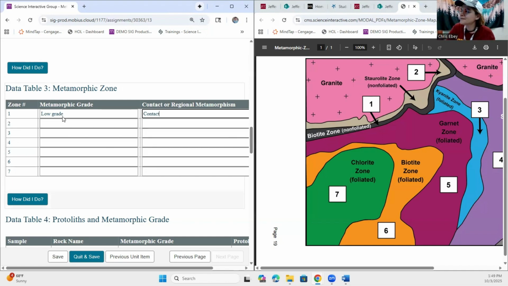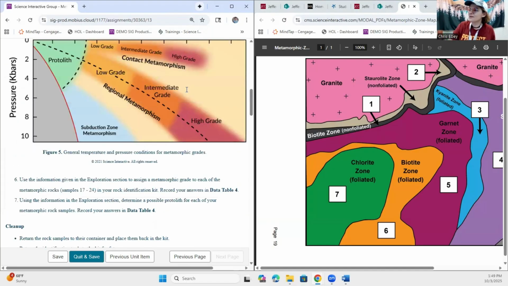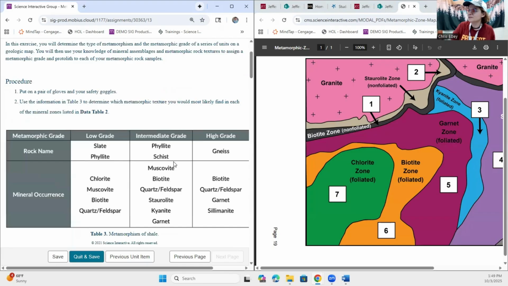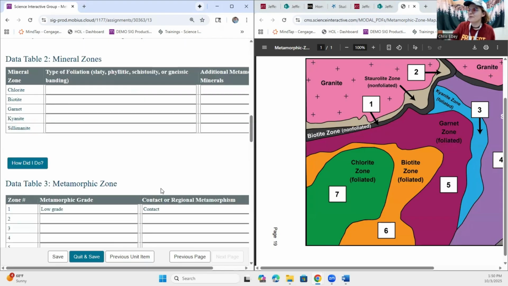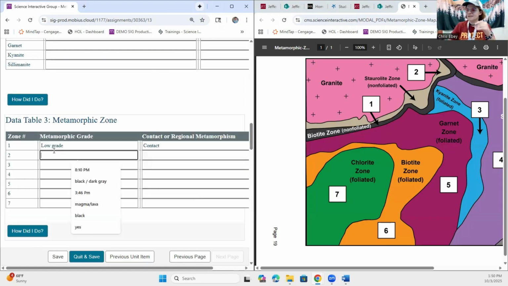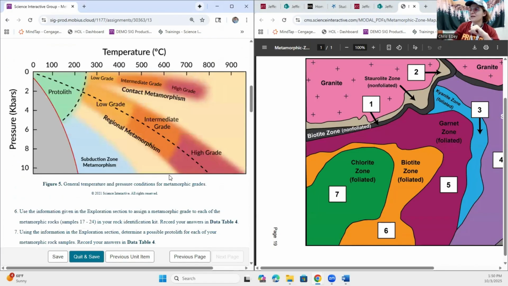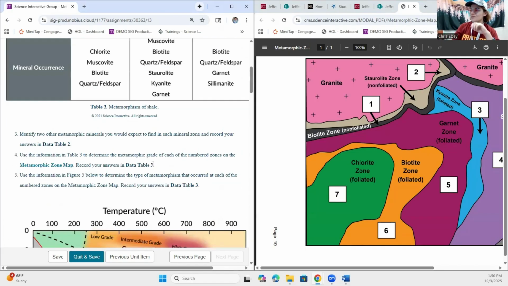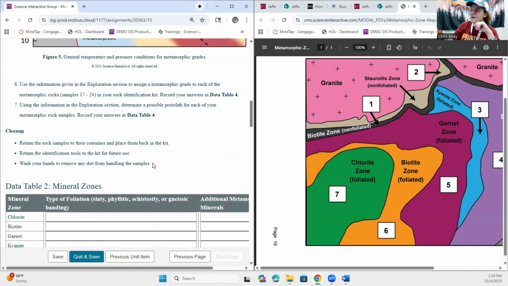So number 2, let's talk about that. That's the staurolite zone. Staurolite, if we go up here to our table 2, we see staurolite is in the intermediate grade. And so we would go ahead and put intermediate. So you can see that the connection to the metamorphic grade is going to be a lot more straightforward than the contact or regional metamorphism.